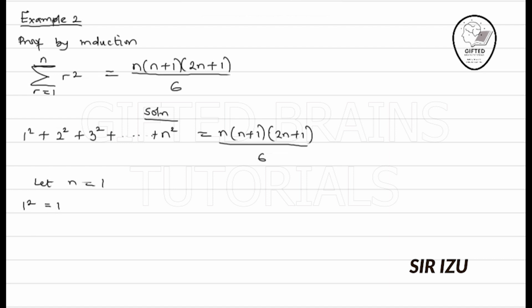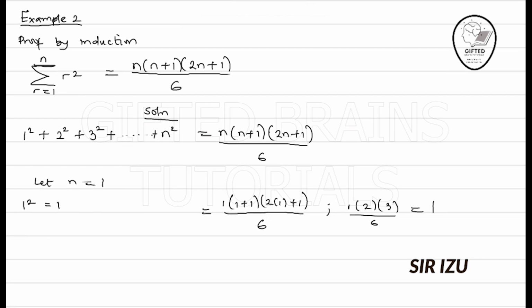Then you go to your right hand side, substituting 1 into what we have, and we simplify. That will be 1 into 2, for 1 plus 1 is 2, then into 2 times 1 plus 1, which gives 3, all over 6. So you can see that we have 1 also. On the right hand side we have 1, on the left hand side we have 1. So step 1 has satisfied the condition we need it to satisfy.